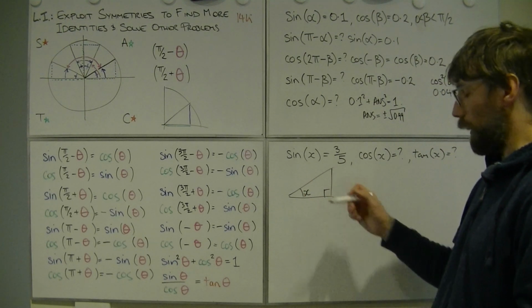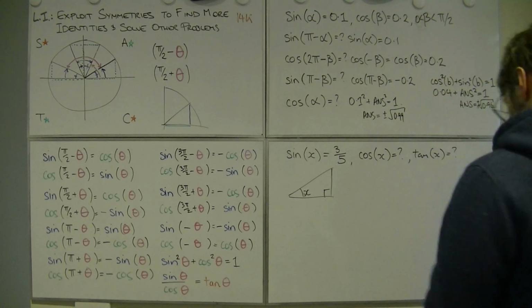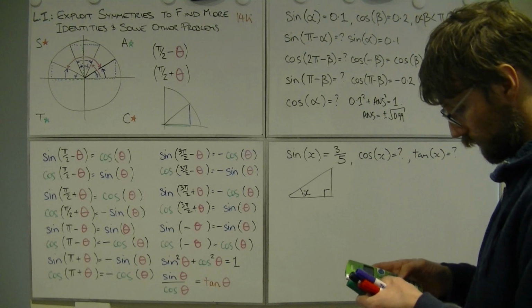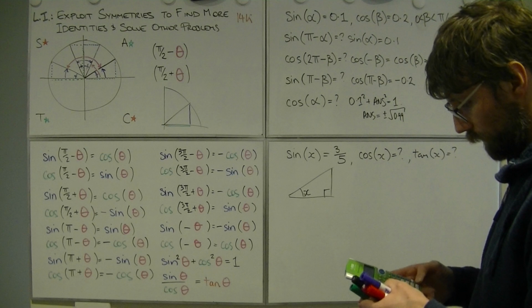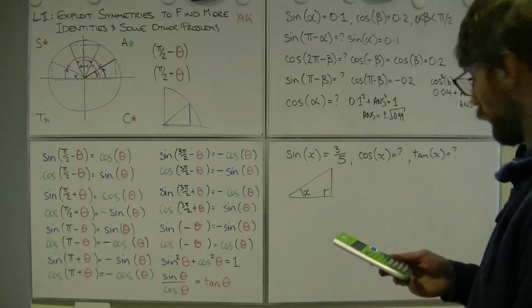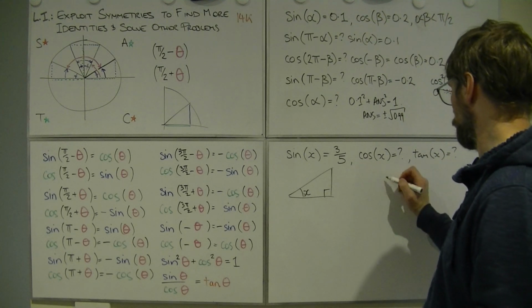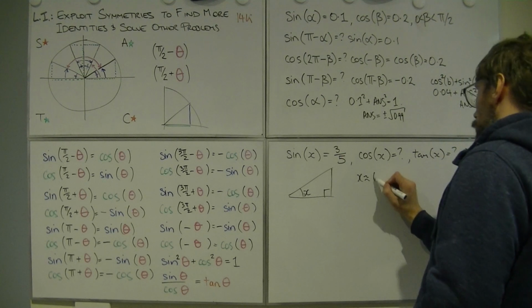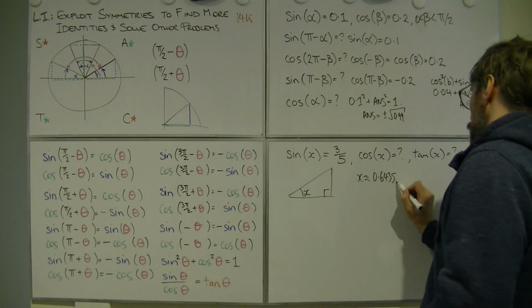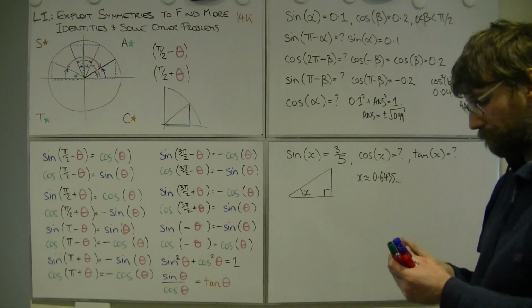I could type this into a calculator: sine inverse of 3 on 5 gives me 0.6435, and that's all it gives me. There's a problem with that, and we'll come to it very shortly.